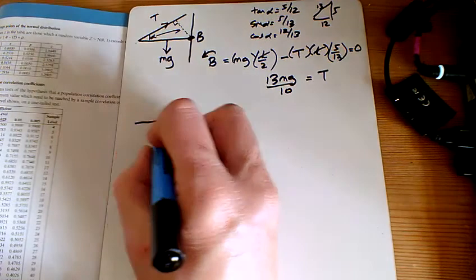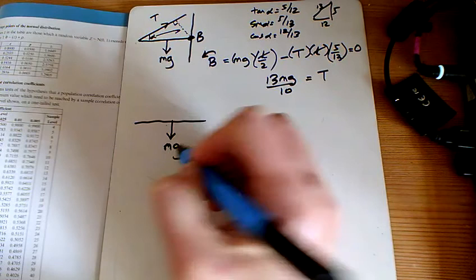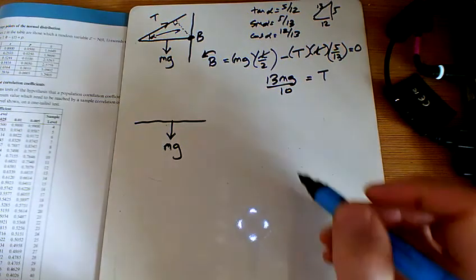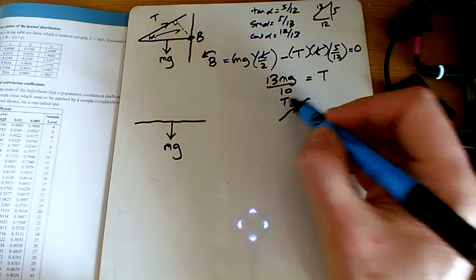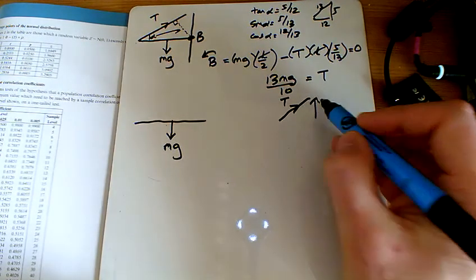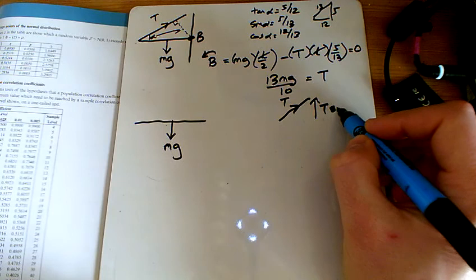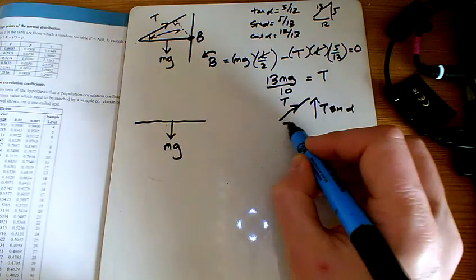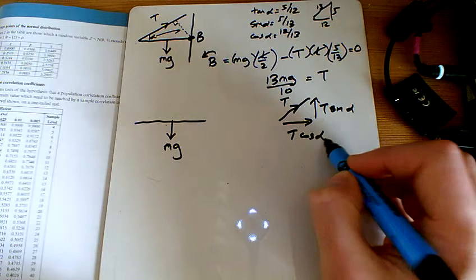So I've got my rod here, and we know that there's mg pushing down here. But this cable here that we now know has this tension is actually pulling up a little bit. It's pulling up with a force of T sine alpha, and it's pulling across to the left with a force of T cos alpha.